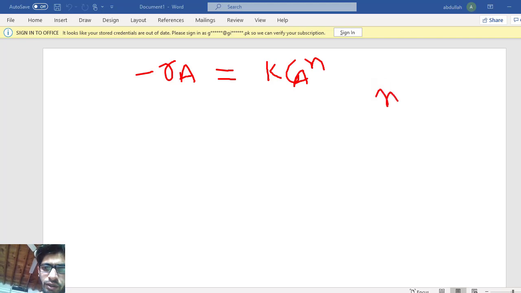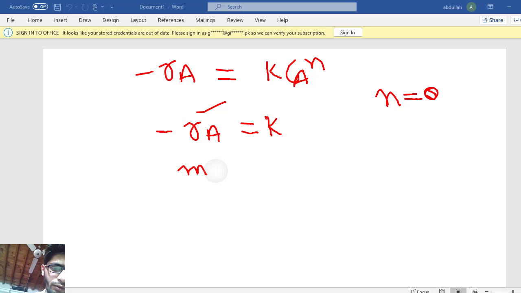In the case of zero order reaction, n is equal to 0 and minus rA is equal to k. So we know that rate is equal to mole per liter into time, which is equal to k.